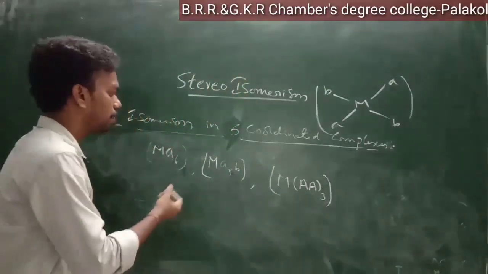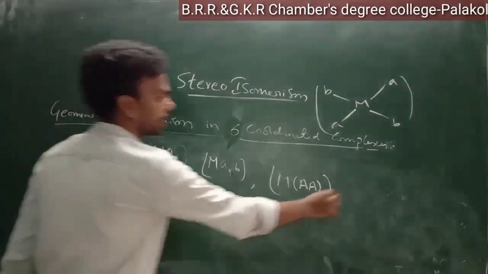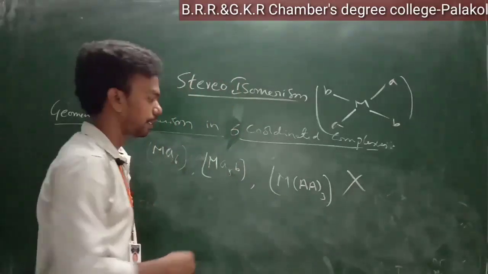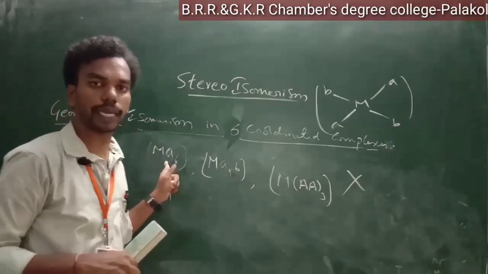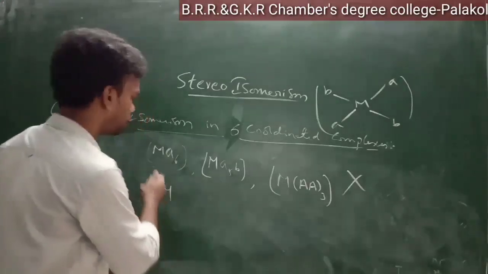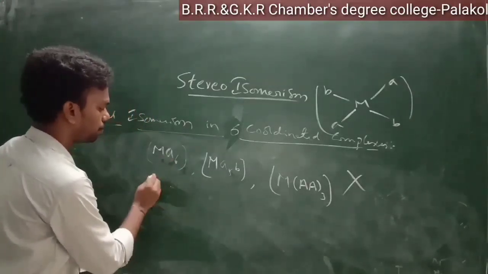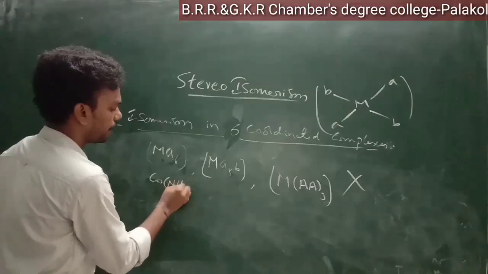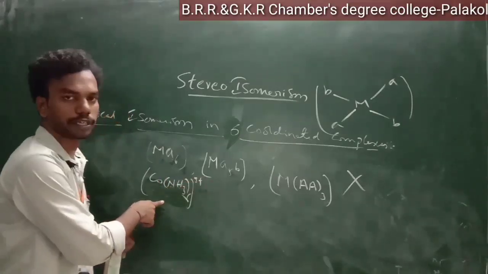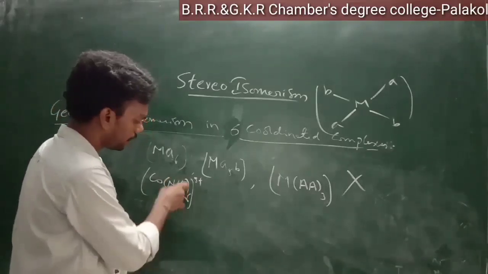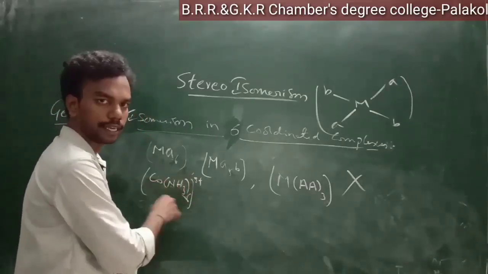So these complexes are not showing any geometrical isomers. Next, MA6. An example is [Co(NH3)6]3+. This complex does not show any geometrical isomers because all six ligands are the same.